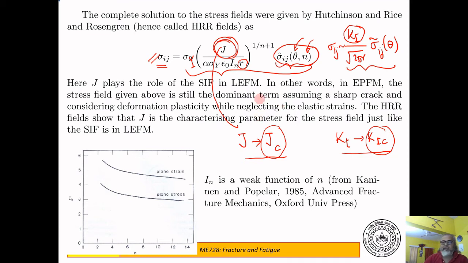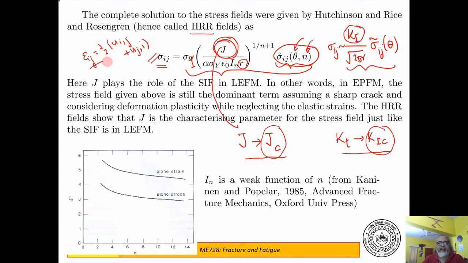The most important missing element is that the HRR fields, just like the Williams fields, also assume small strain theory of plasticity. So they still assume that epsilon ij is given by half of u i comma j plus u j comma i. So these are the small strains.